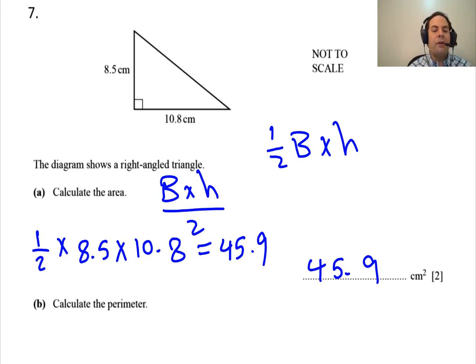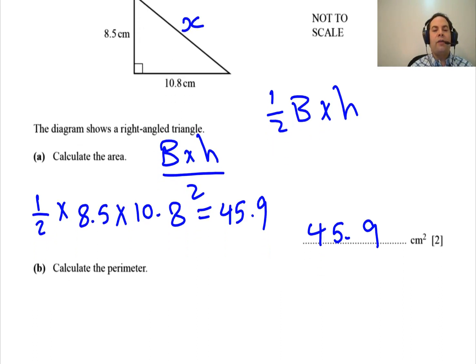Part B, calculate the perimeter of the triangle. To get the perimeter of any shape, find the sum of all sides. We have here 3 sides, 2 are given, but you can find the third side by applying Pythagoras theorem: 8.5 squared plus 10.8 squared. So you can find it directly.